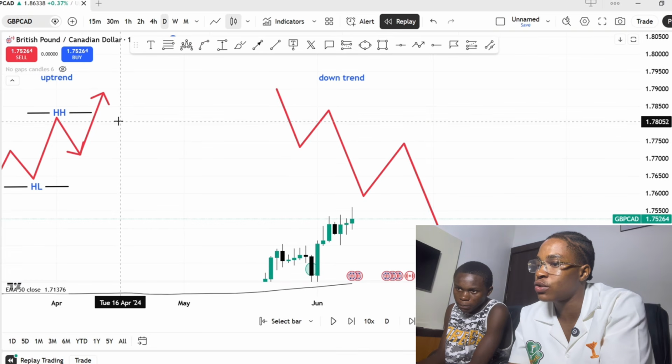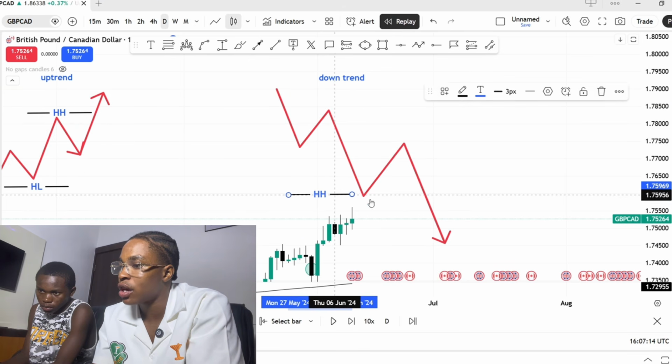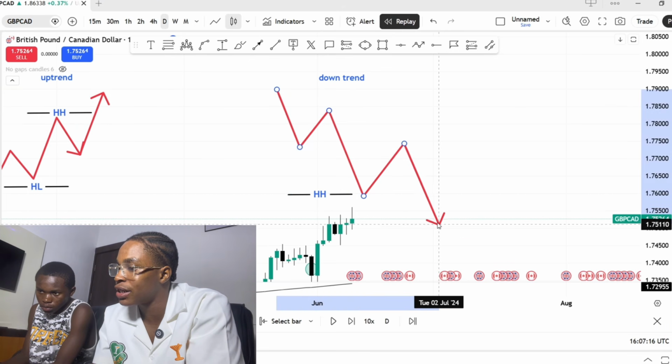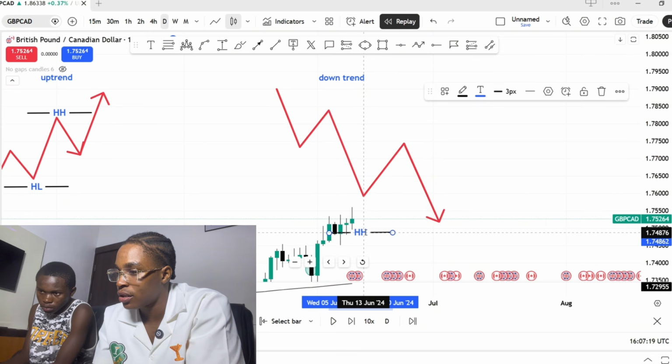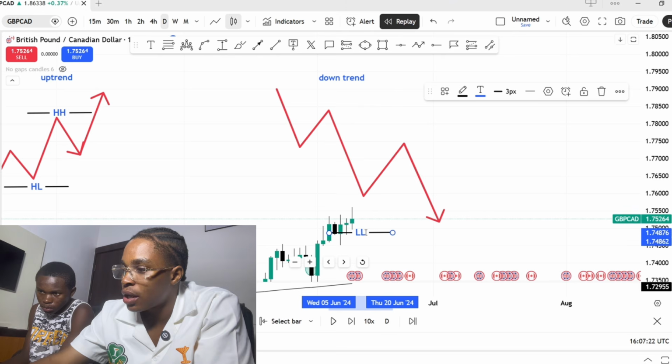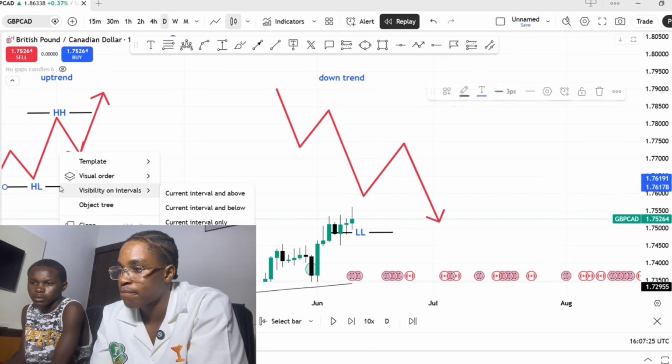So now let's move over to the downtrends. With the downtrends, you see a similar pattern, right? So looking at this chart, where is the lowest point the market has reached? Is it this point? A lower low, right? And then we have a lower high.